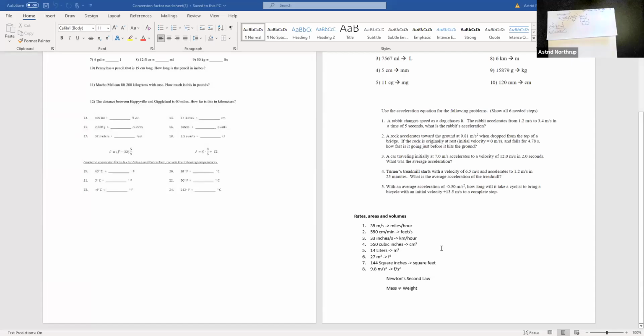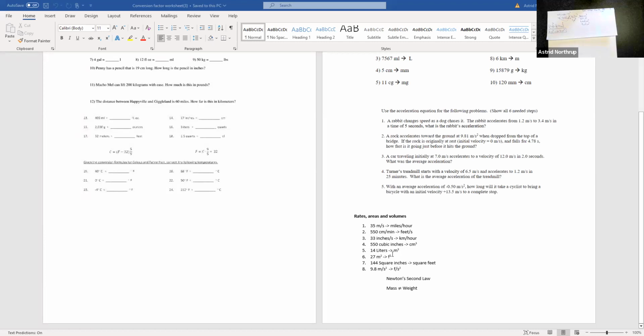All right, so let's take another quick look at the conversion sheet. And I think we've covered everything. One thing, let's look at number 5. I'm not going to do this problem, but I'll tell you what happens here.